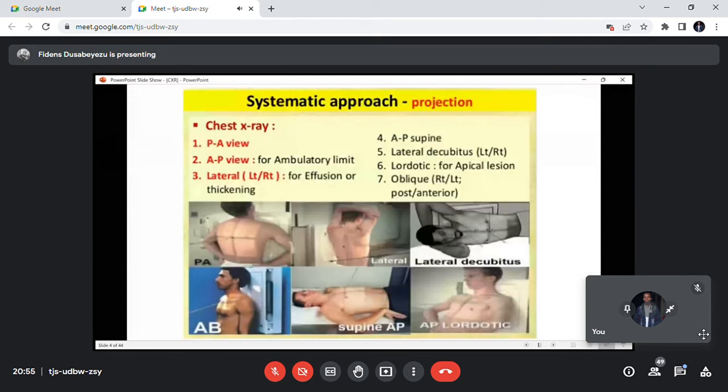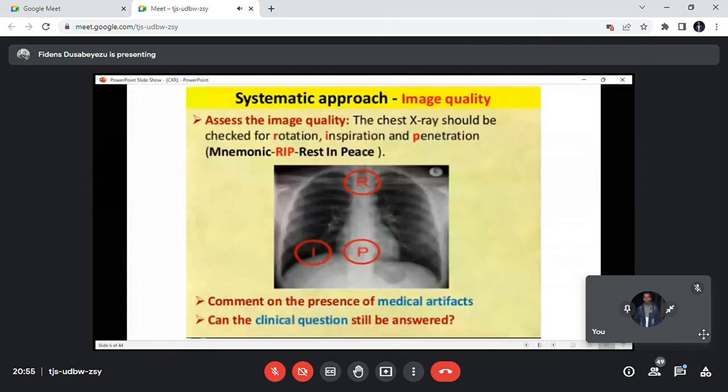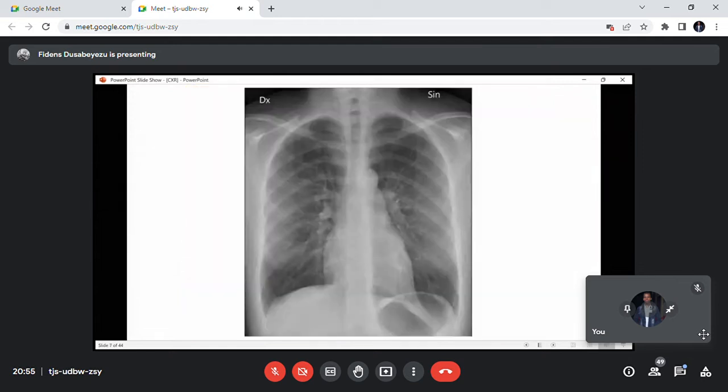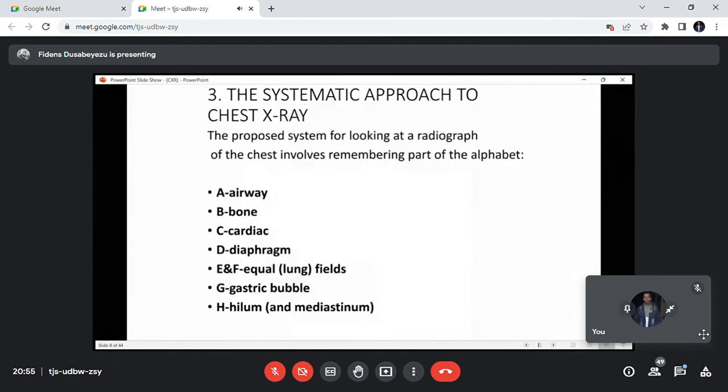Number three is about now film analysis, or image analysis. It's when I told you in radiology you have to be systematic.